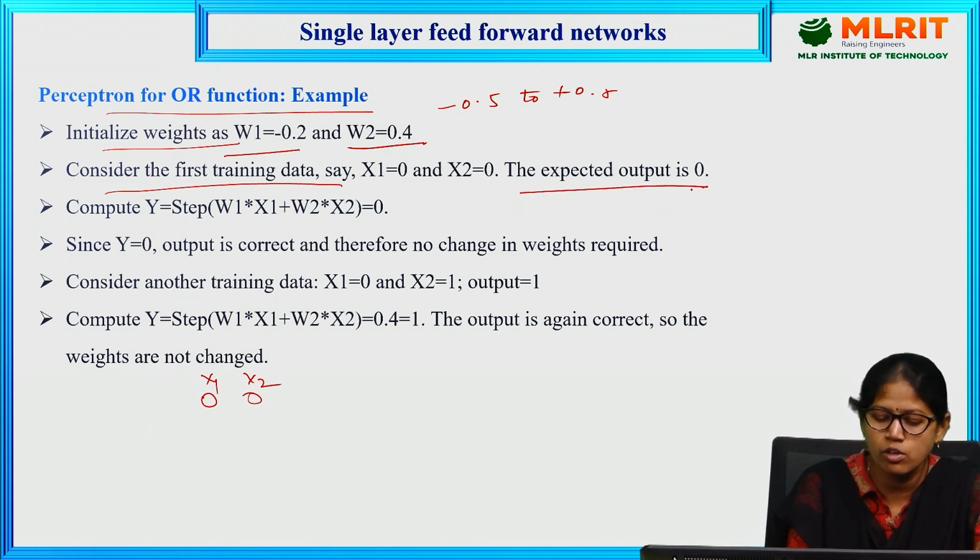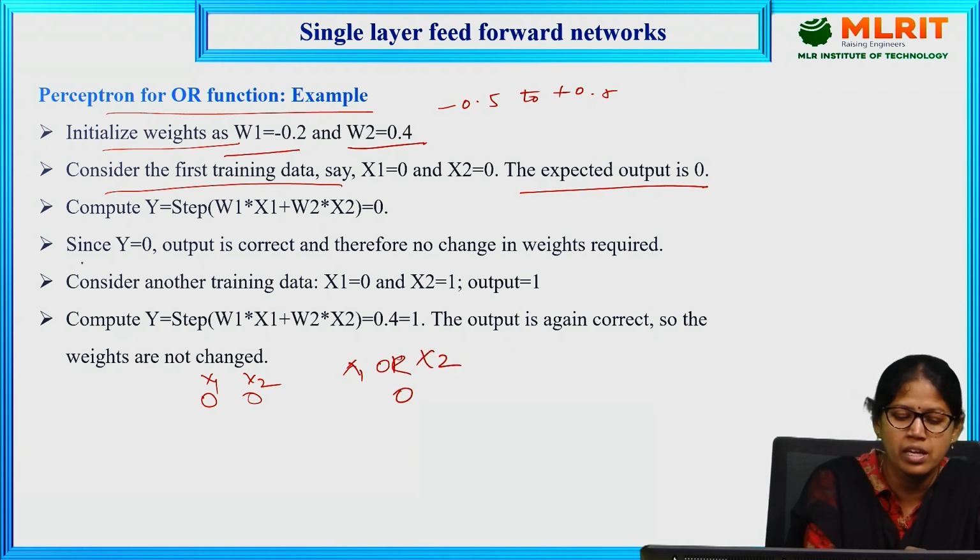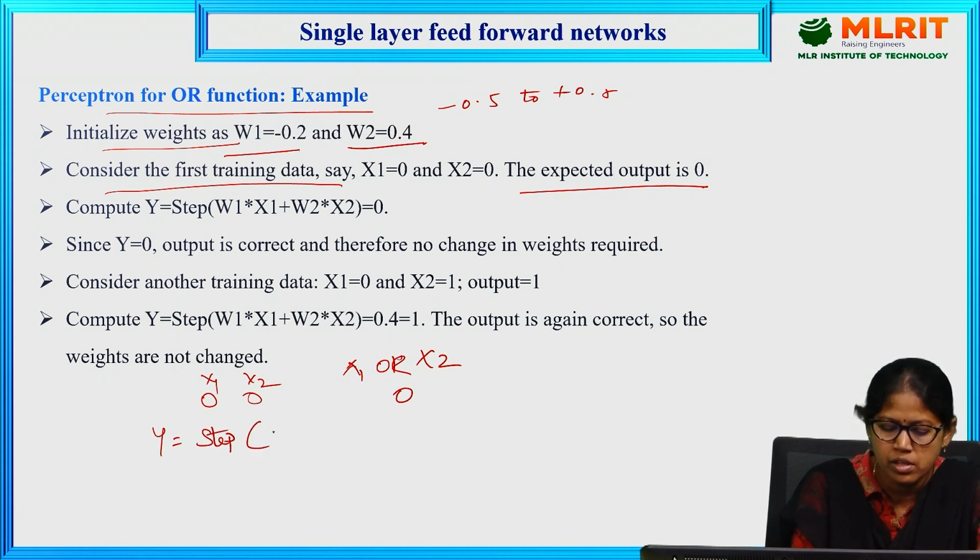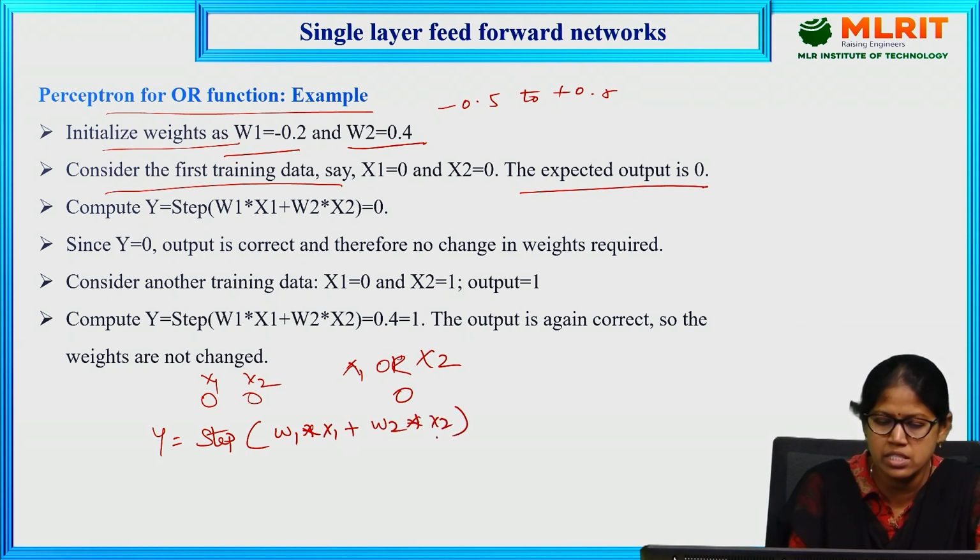The expected output is 0, since both are zeros. Then compute y equal to step of W1 into x1 plus W2 into x2.